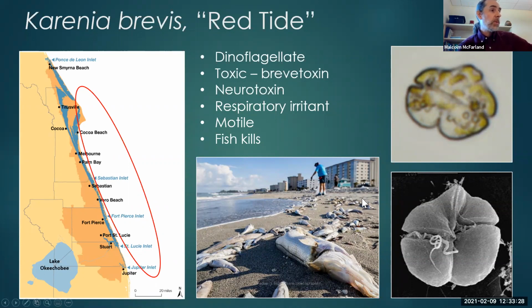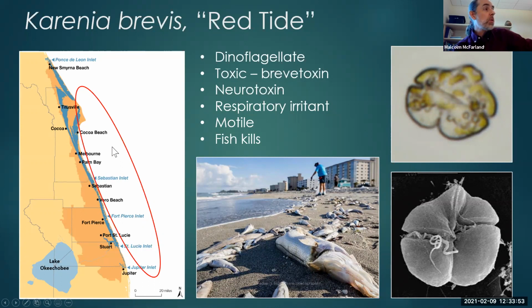And as you can see in the bottom image here, it can really cause devastating fish kills. It's usually found in the ocean proper, so it's not really common to find it in the lagoons like the Indian River Lagoon, although I think you can get up into the Caloosahatchee River and Tampa Bay estuaries.